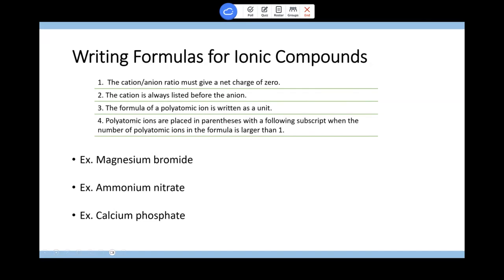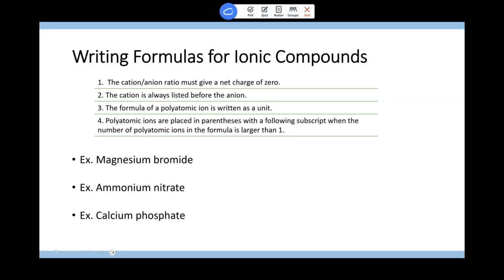So we use the charges of what's part of an ionic compound to determine how many of each atom or each polyatomic ion are needed in the formula. We always list the cation before the anion, so the positive charged part of the compound before the negative. We write the formula of a polyatomic ion as a unit, so we don't separate any of the atoms that are part of a polyatomic ion.